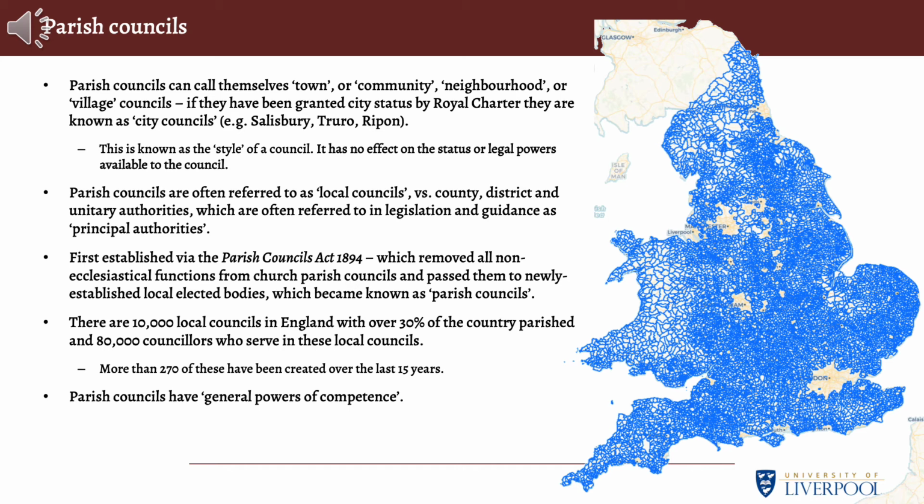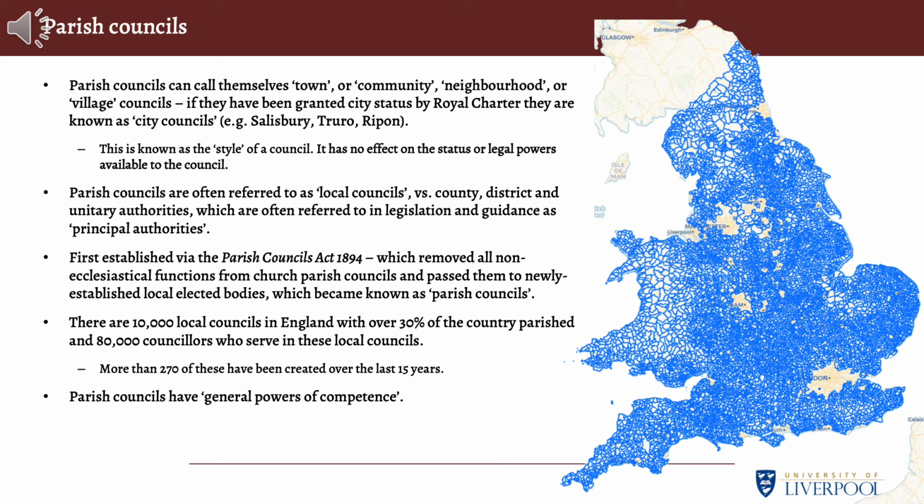Now, what they can't do is anything that's illegal, right? They can't trade things or engage in business activity for things that they should be providing by law, right? So Liverpool City Council, for example, can't start selling schooling places, things like that.